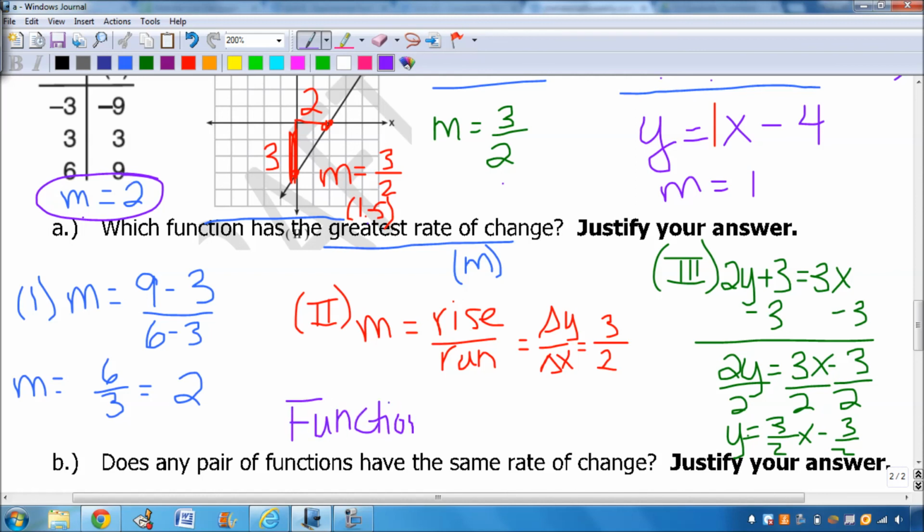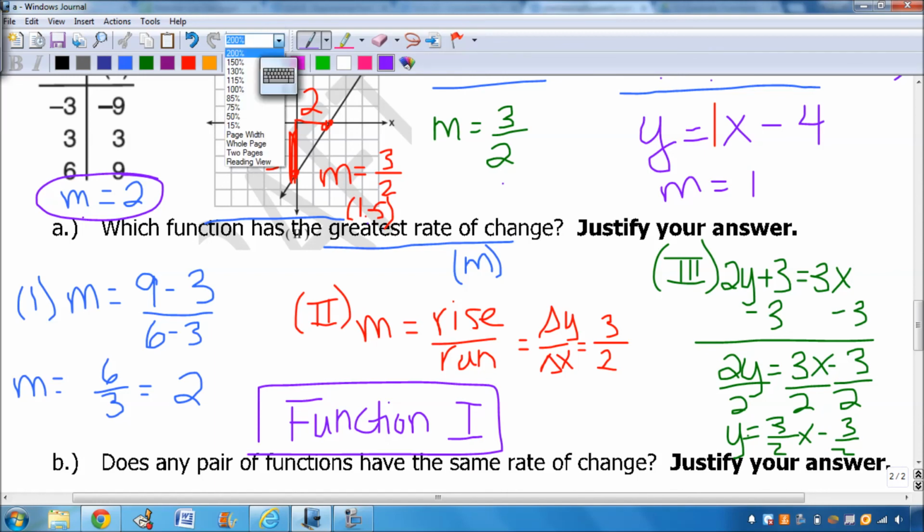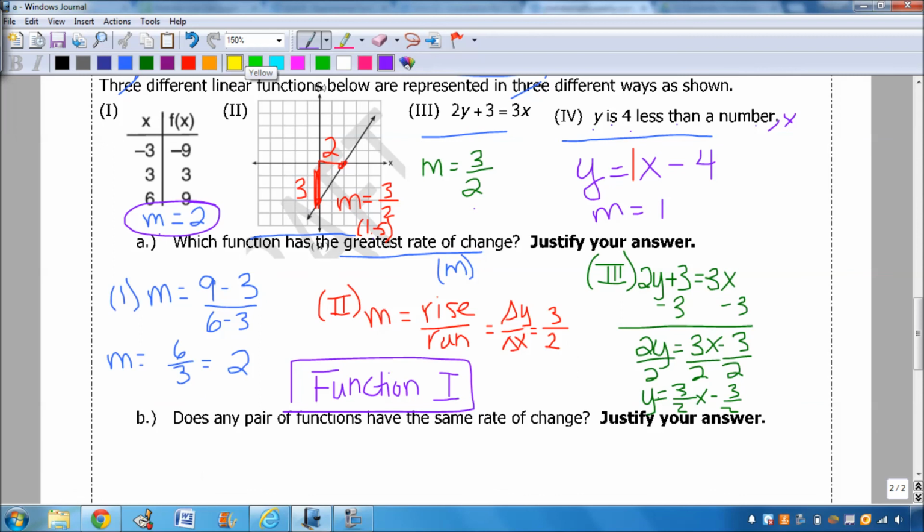And then when it says to justify our answer, we've already justified it by showing all of our work. Okay? And then part B says, does any pair of functions have the same rate of change? Well, if you guys look at this right here, we got 3 over 2 for function number 2 and function number 3.